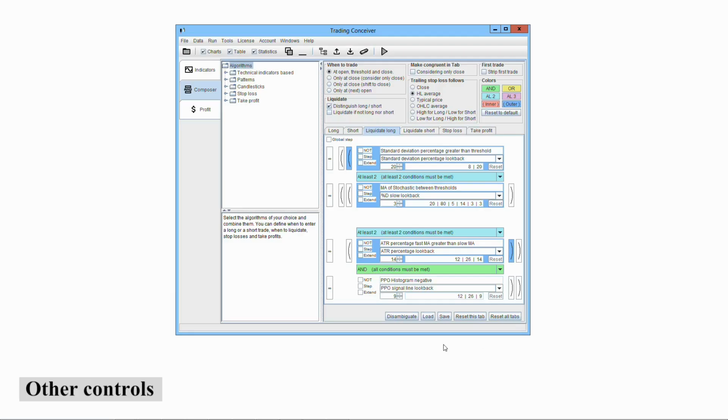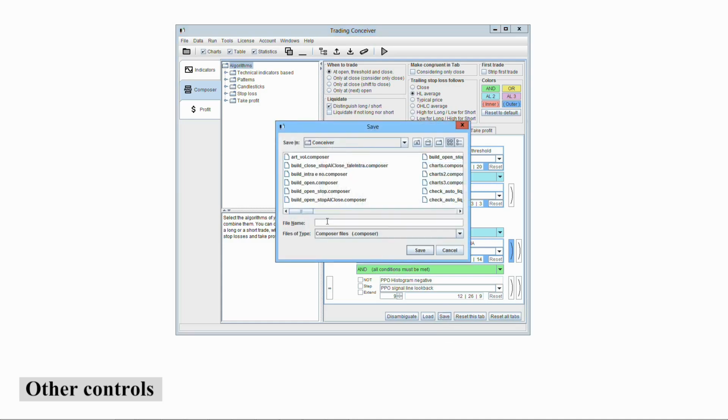You can save the configuration of the whole Composer panel by pressing the Save button. In the pop-up window, choose an appropriate directory and file name. The file extension is the part of the name of the file coming after the last dot. When saving the file, an extension to the file is added automatically.